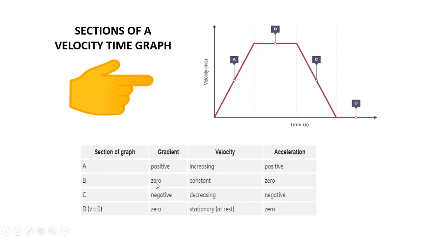In section B, the gradient is zero because it's a flat section, so it's constant velocity, which means zero acceleration. Then we have C, which has a negative gradient because it is facing downwards, so decreasing velocity, which means negative acceleration. These are the important sections of the graph.